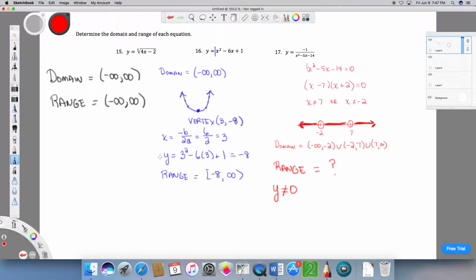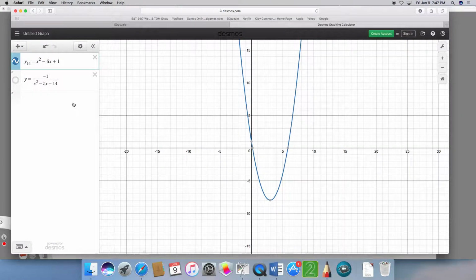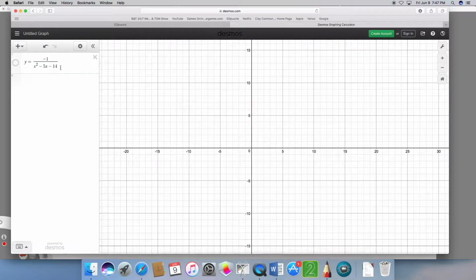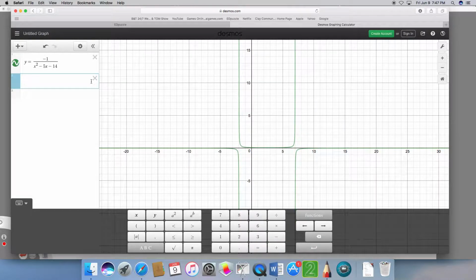Now for this number 17, this harder type of problem. What does the graph of this thing look like? Well, here it is. We knew that we threw values out of the domain.